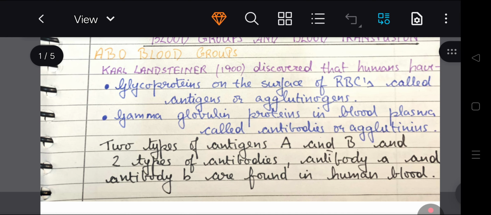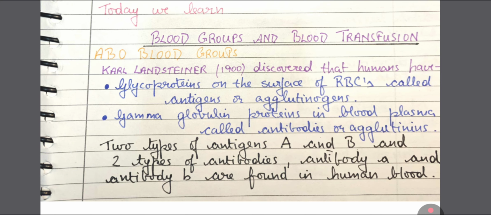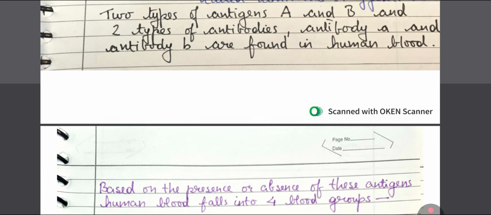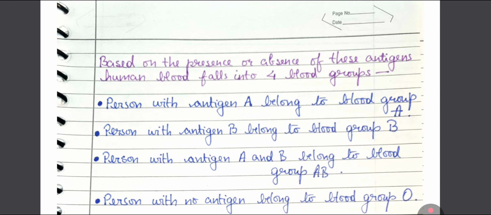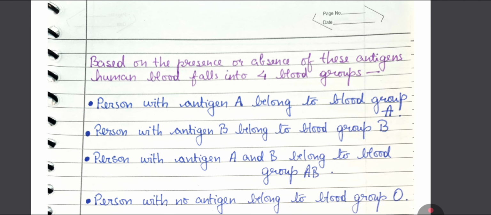We shall study all this in detail further in this video. Two types of antigens are A and B, and two types of antibodies, antibody A and antibody B, are found in human blood.